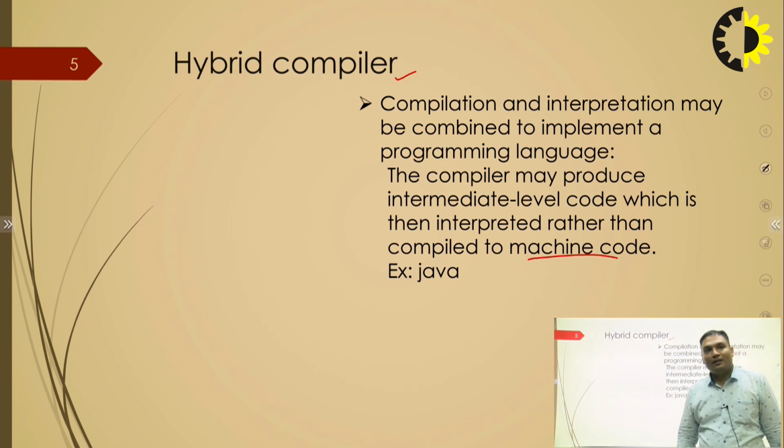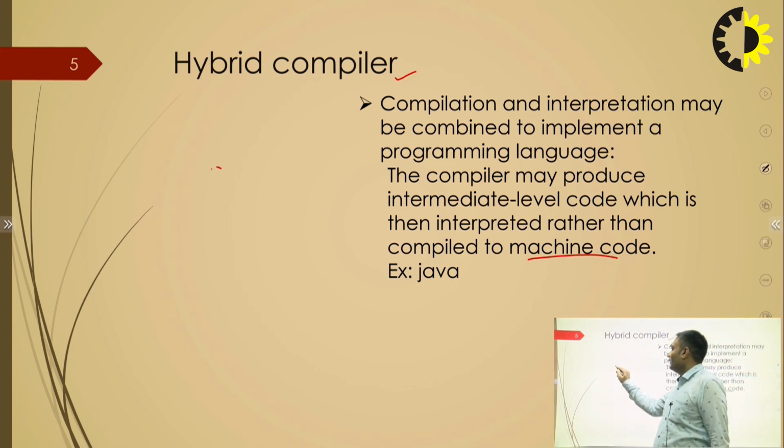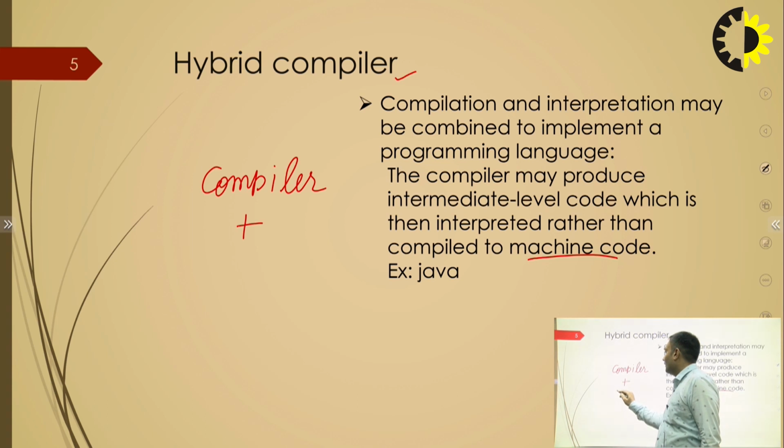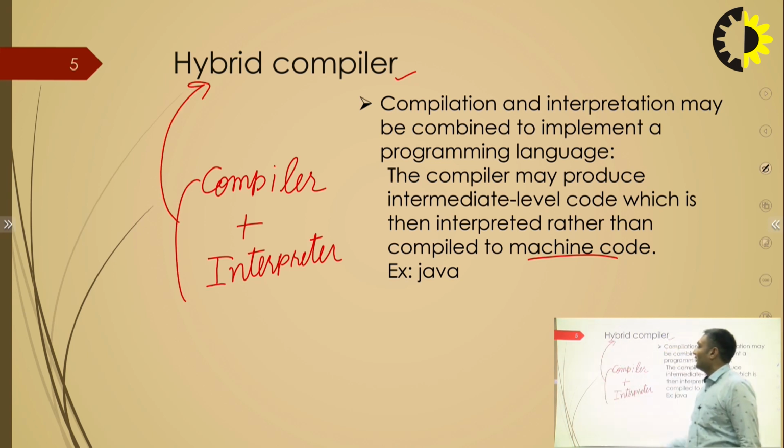So when we combine compiler and interpreter both, just to convert the source program into the machine level language program, then that type of compiler is called a hybrid compiler.